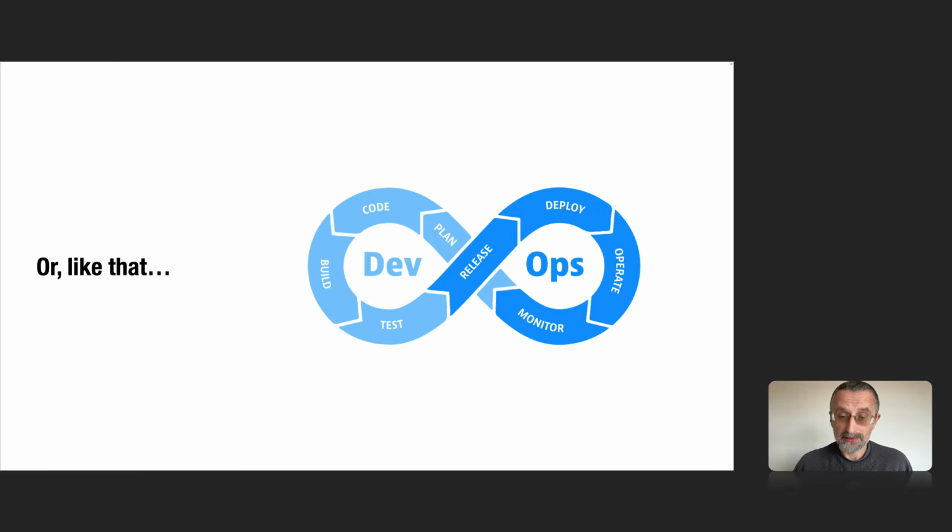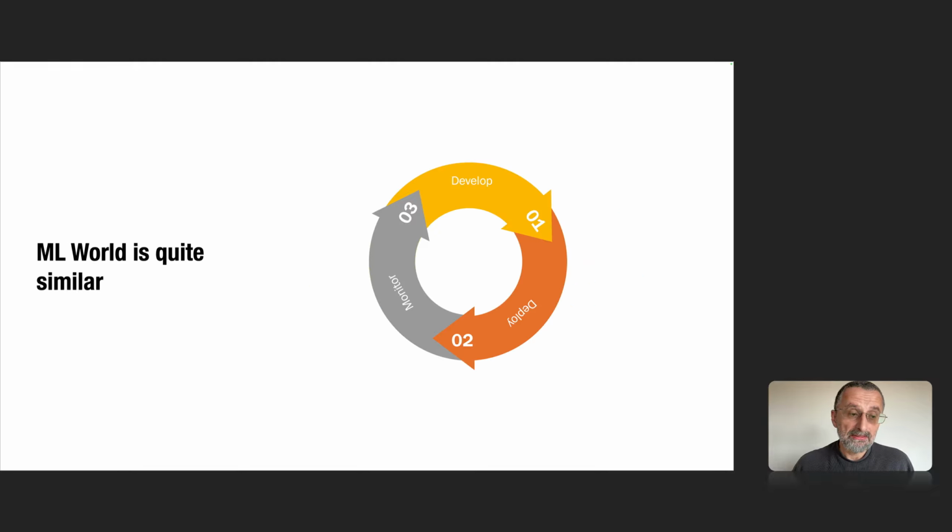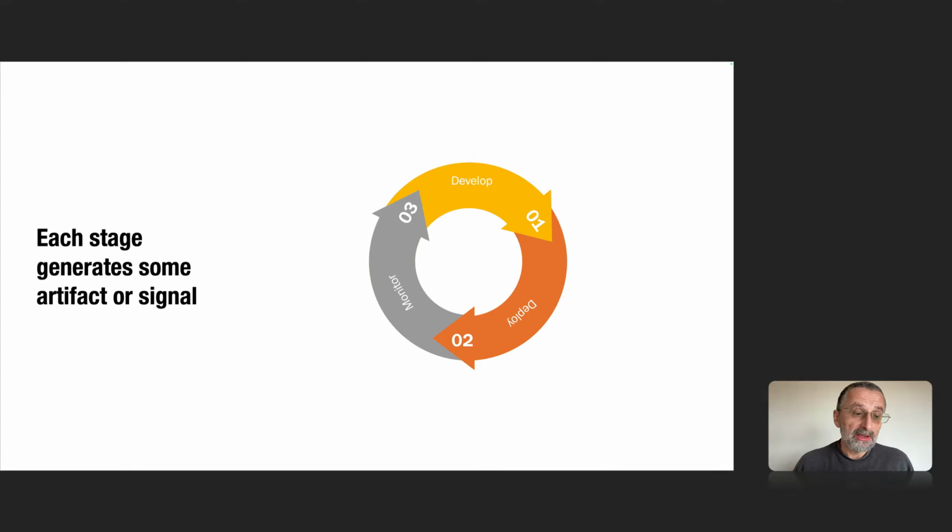Okay, why do I tell you this? The machine learning world is quite similar. We also have develop, deploy, monitor. As you can see, the names are a bit different. We develop the model, we deploy the model, and monitor this model in production. Each stage generates some artifact or signal. During the development stage, we have a final model as the outcome.